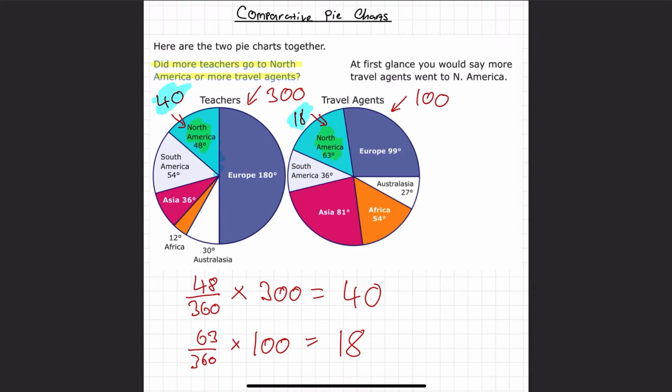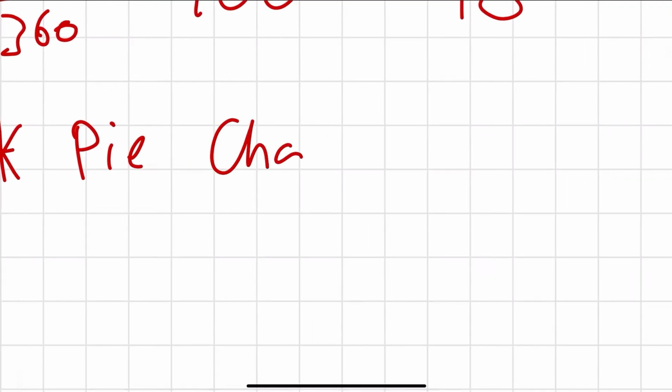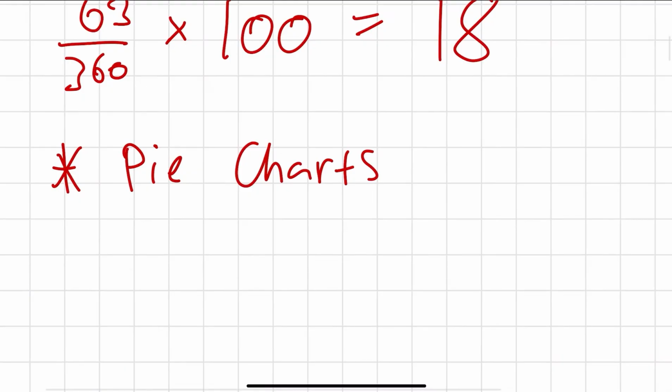Pie charts can't help you compare frequencies. Frequency basically means number. So key things, pie charts can compare proportion.